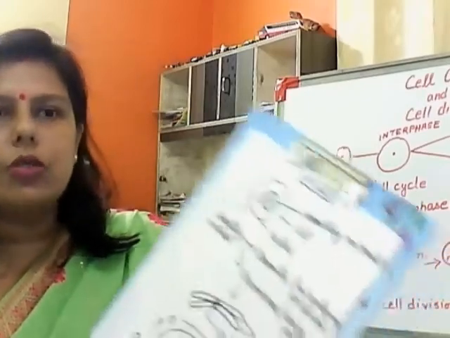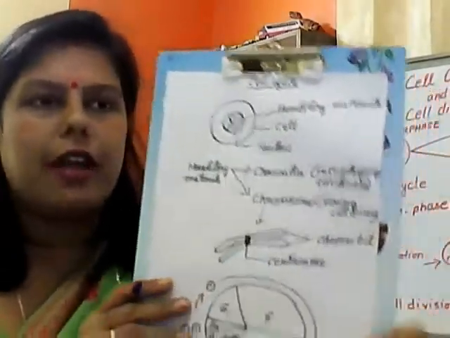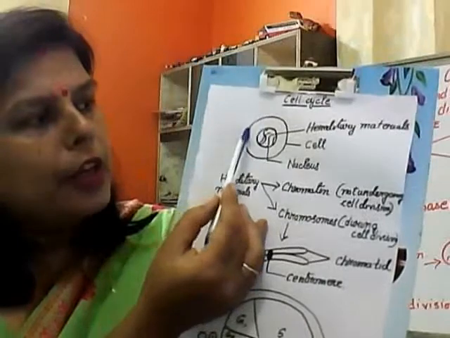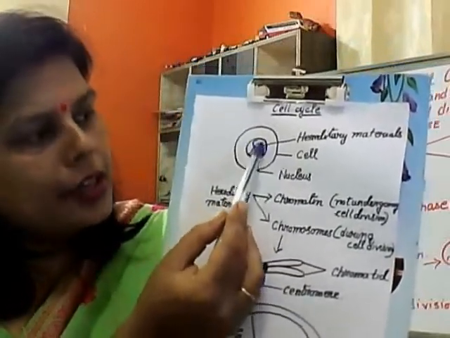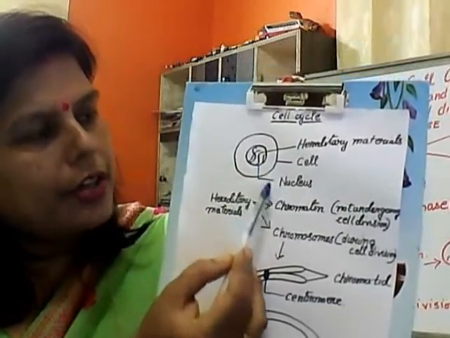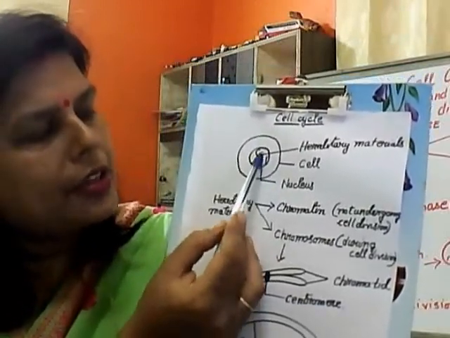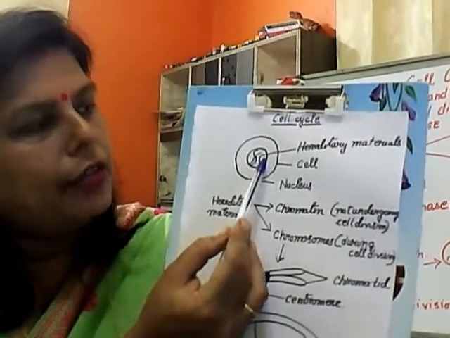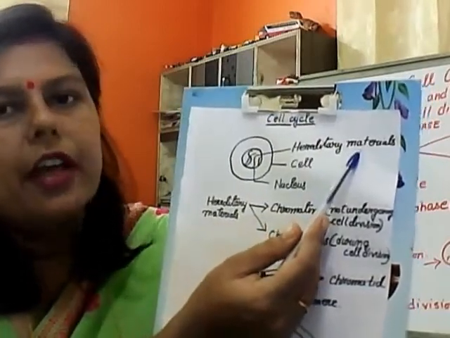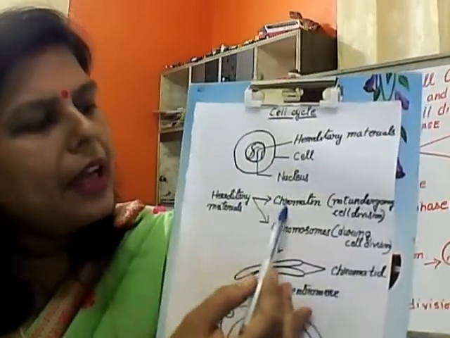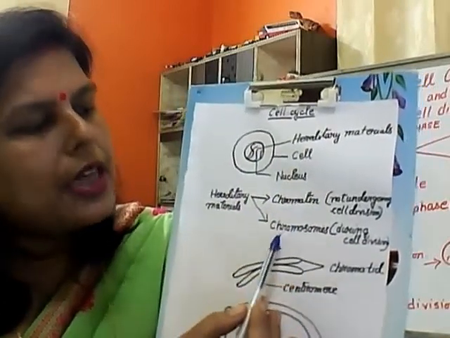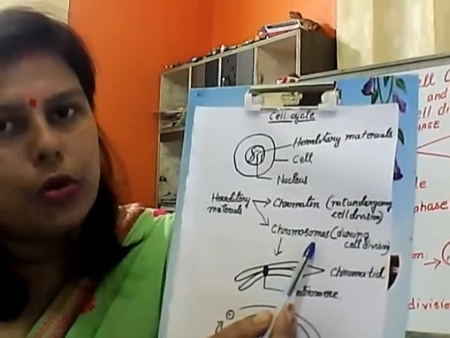Just to explain this, I have drawn a rough diagram here. Here you see, this one is the cell. Inside this round structure is the nucleus, and inside it some elongated structures are there which are termed hereditary material. Sometimes this hereditary material is known as chromatin, sometimes as chromosome.